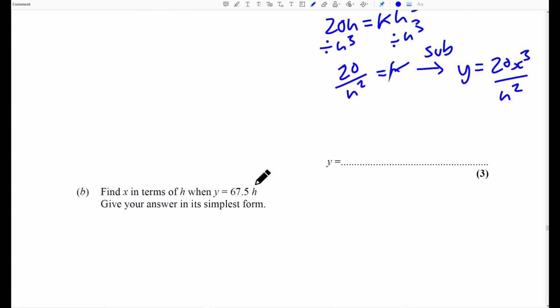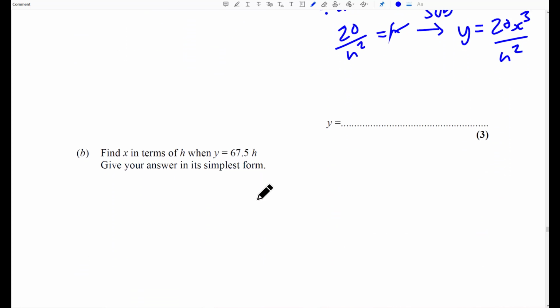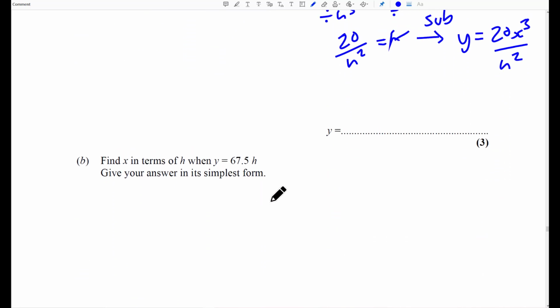Now find x in terms of h when y equals 67.5h. So let's just start writing this down. y equals 20x cubed over h squared.